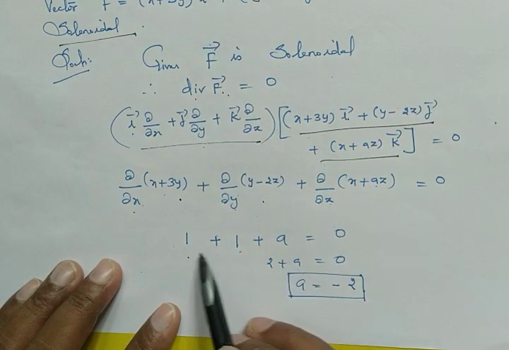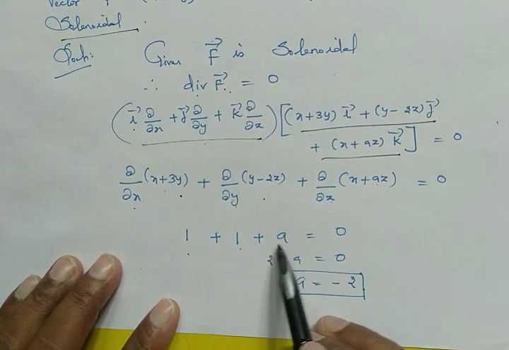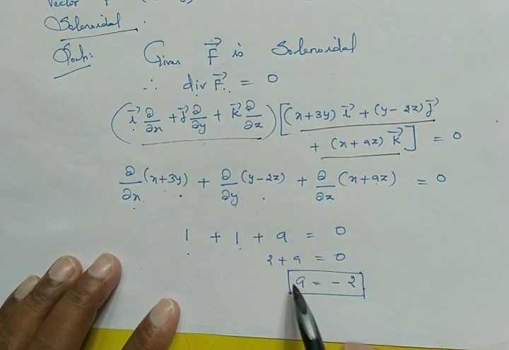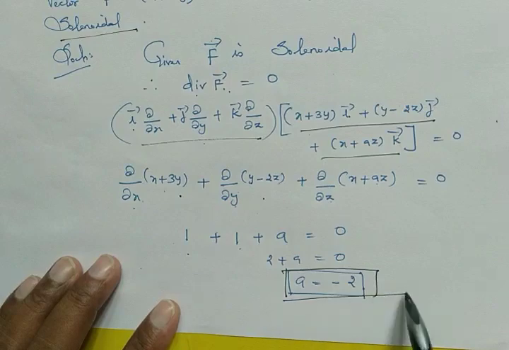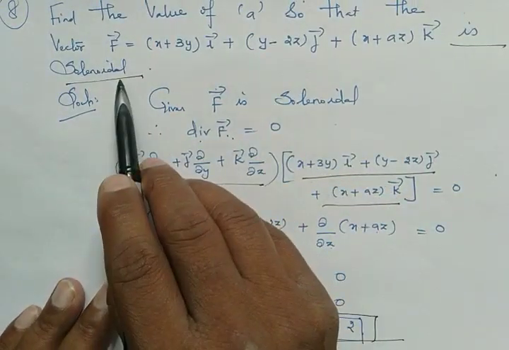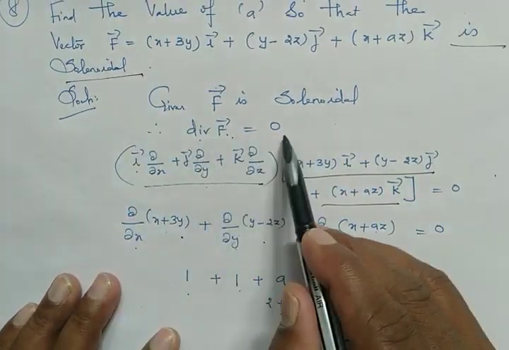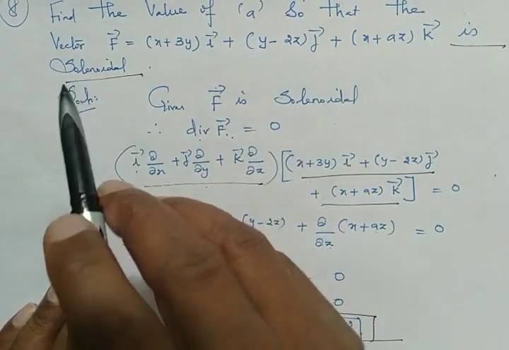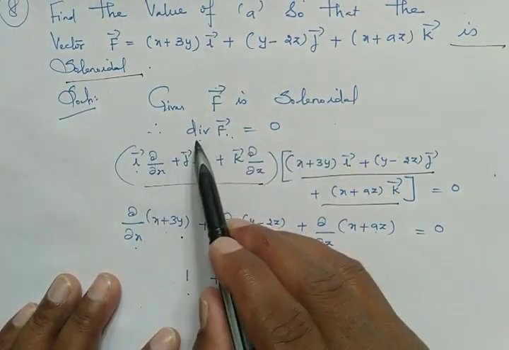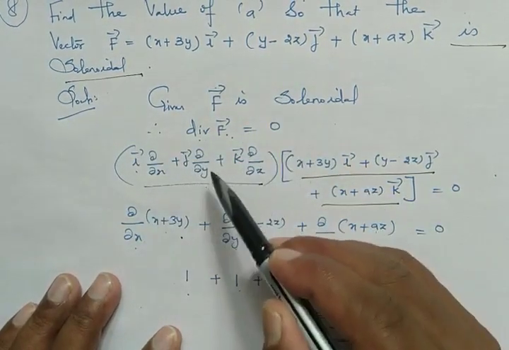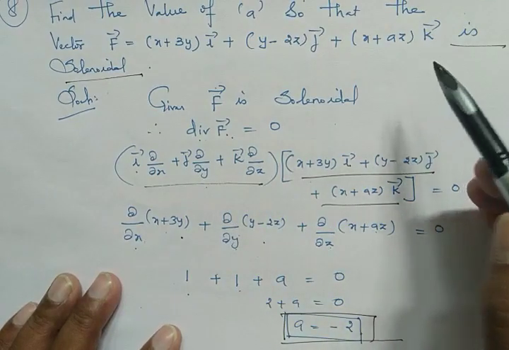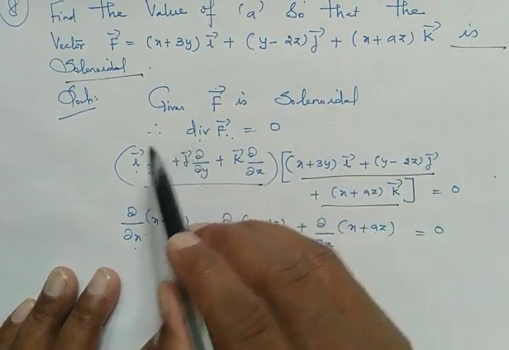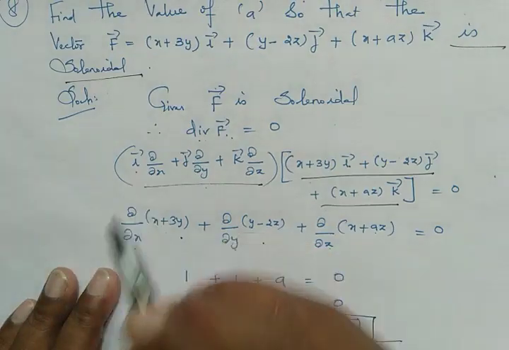So 1 plus 1 plus a equals 0, 2 plus a equals 0, a equals minus 2. If the problem mentions solenoidal, you put divergence of f equal to 0. Sometimes they may mention irrotational, and then you put del cross f equal to 0. So whichever way they mention it in the problem, accordingly you can start the problem using the suitable definition.